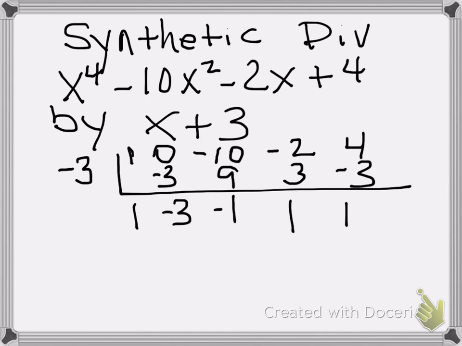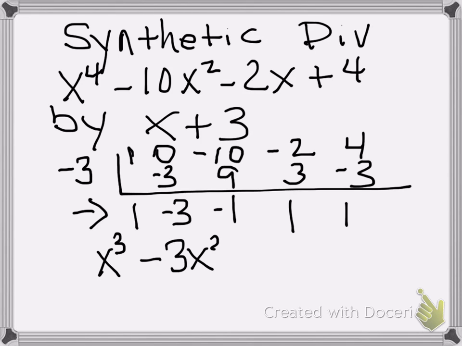And then you're ready to write your final answer. You take the coefficients that you reduced all this to: the 1, negative 3, negative 1, 1, 1. And you start with 1 power lower than your dividend. That x to the 4th, 1 power lower would be x to the 3rd. So we've got 1x cubed. And then just descend. Minus 3x squared.